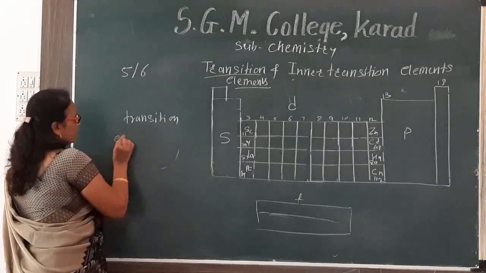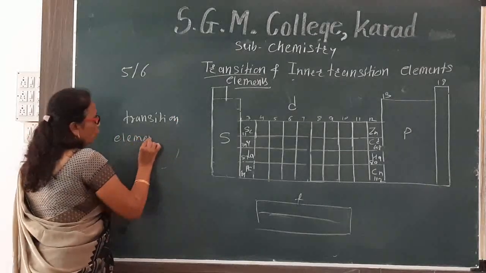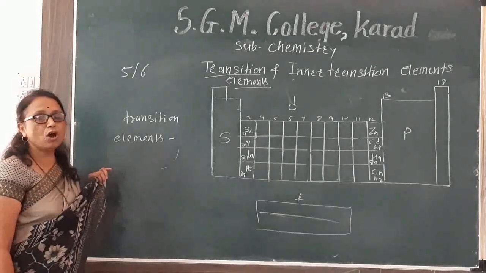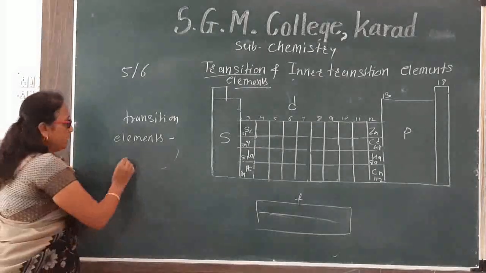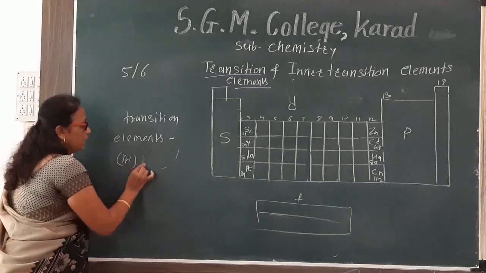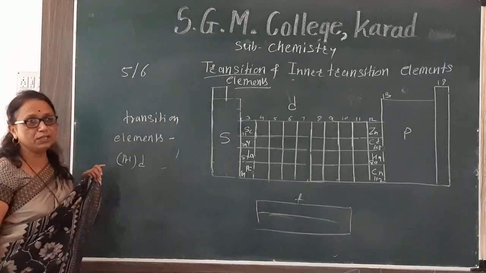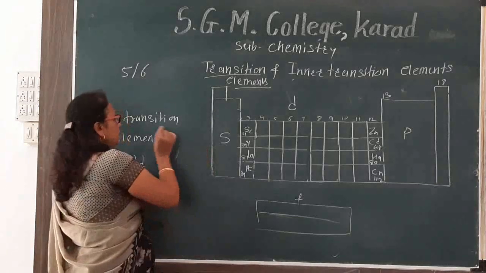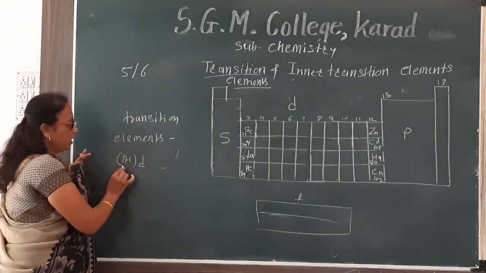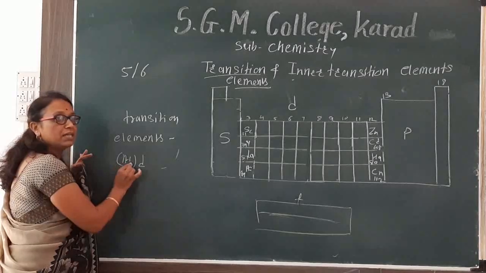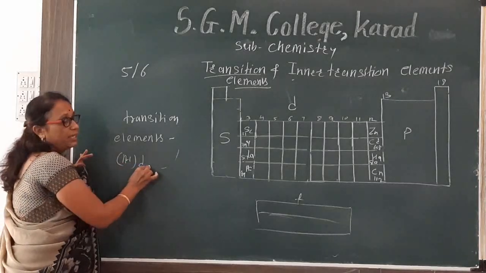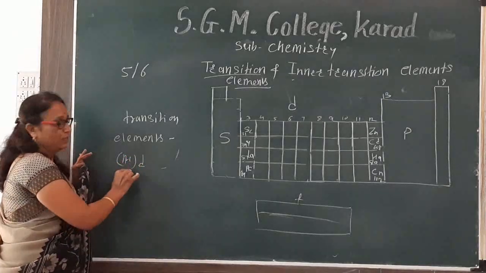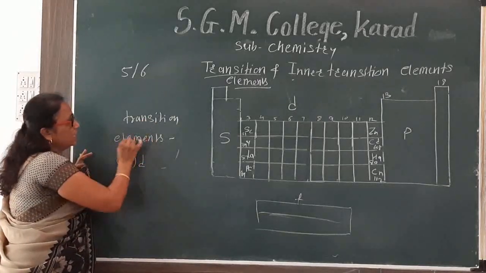Transition elements are elements which have incompletely filled or partly filled (n-1) d orbitals in their elementary state or common oxidation state.